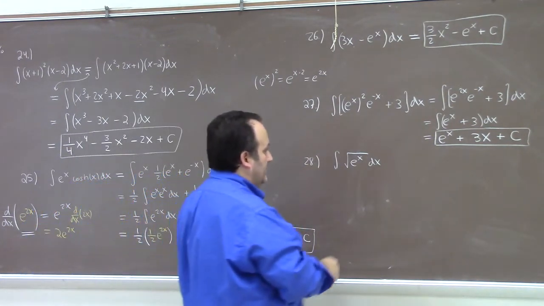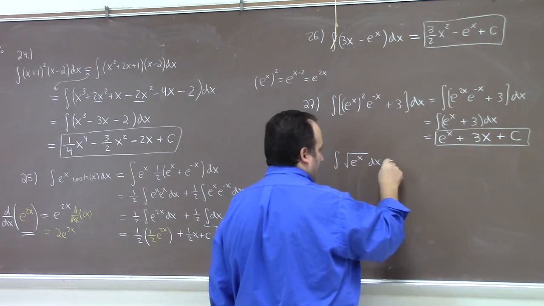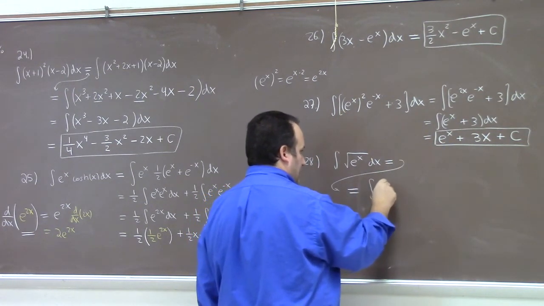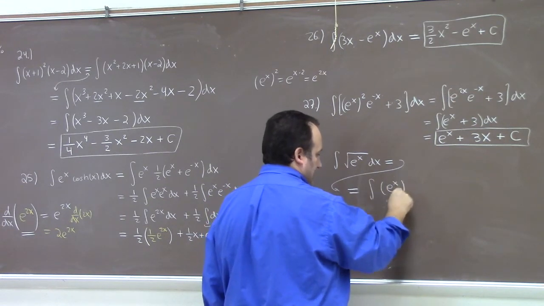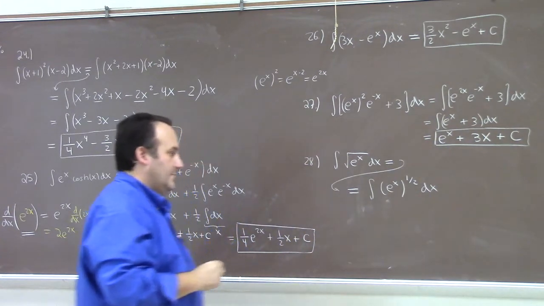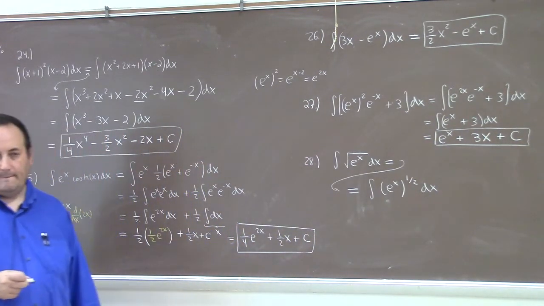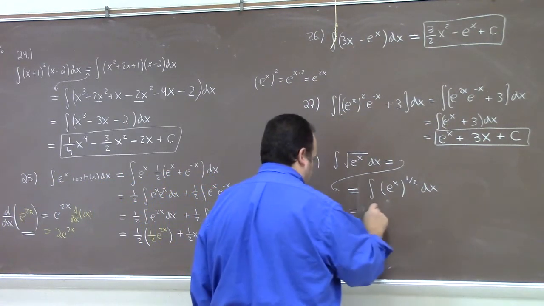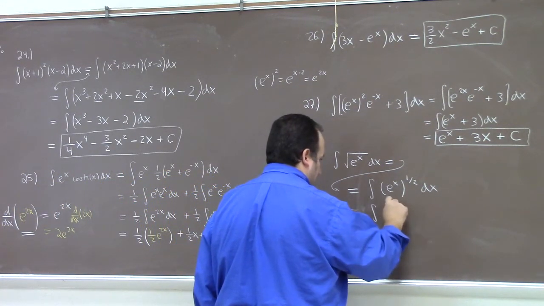This one down here, I'll write down here. So you're looking at the integral of e to the x to the 1/2 power. So how does that work? Again, laws of exponents. That's integral of e to the x over 2.